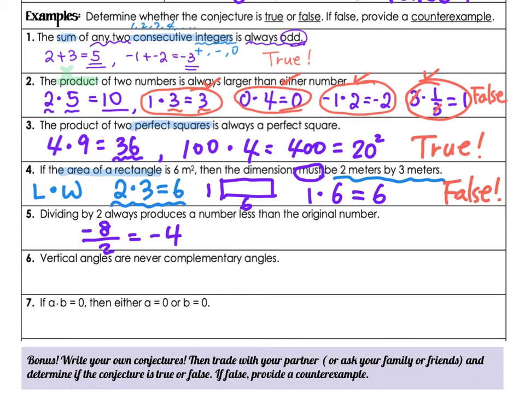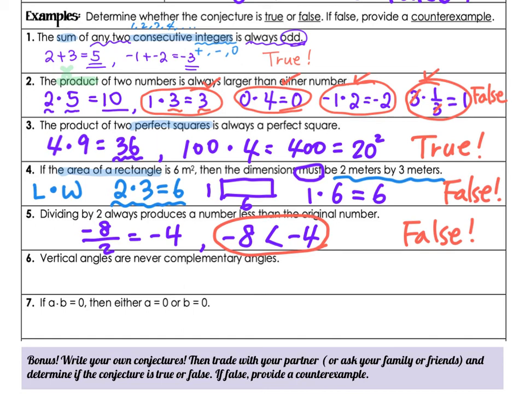Whenever you have a bigger number with a negative sign, that's less value. So what does that mean? Negative 8 is less than negative 4. So in this case, negative 4 is greater than the original number. So this conjecture is false by our finding the counterexample.